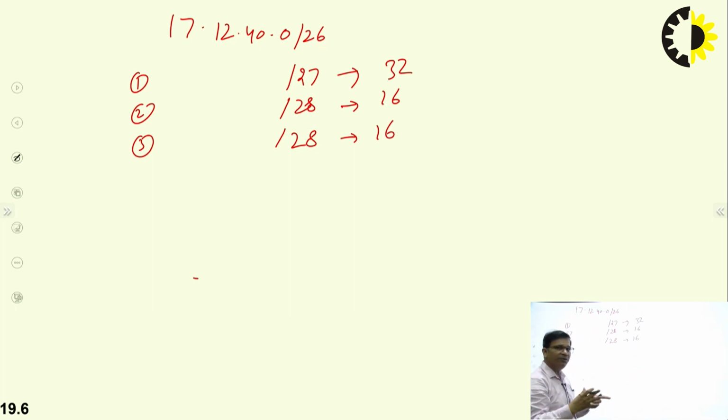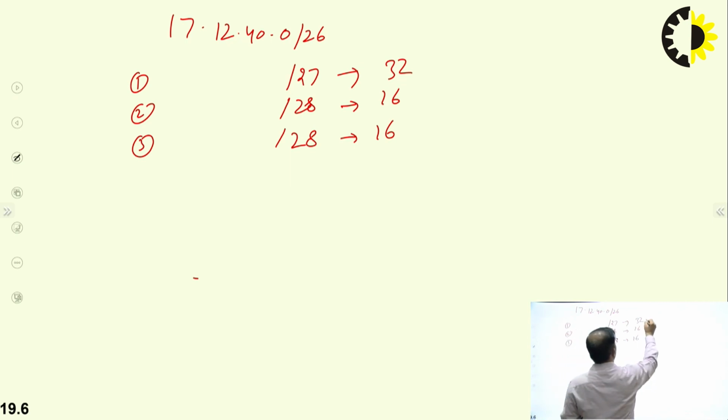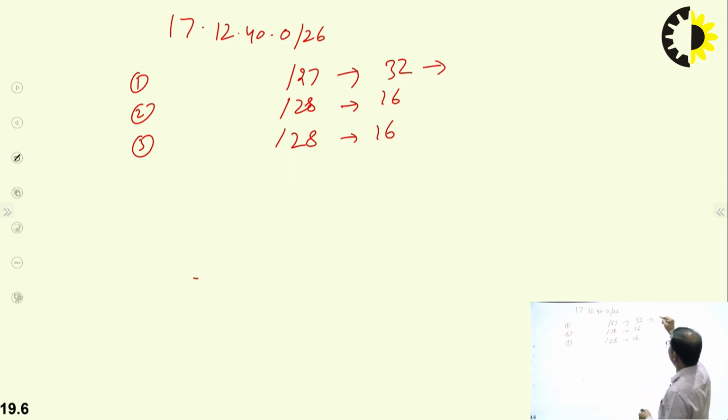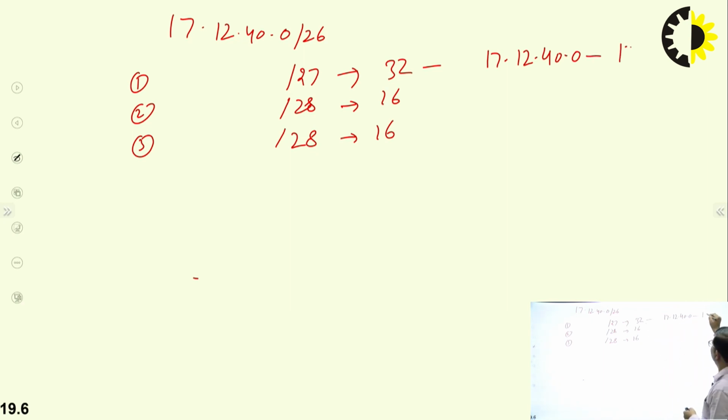So how will you configure this? For configuration, if we have 32, what will be the range? The range is 17.12.40.0 to 17.12.40.31, 0 to 31, and this will be the range of IP addresses for this.